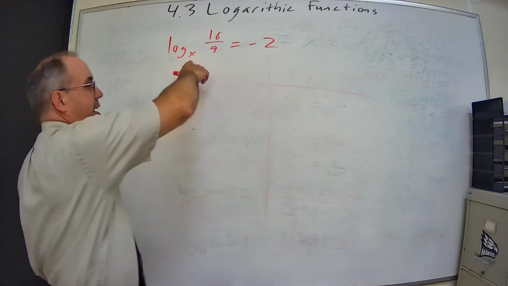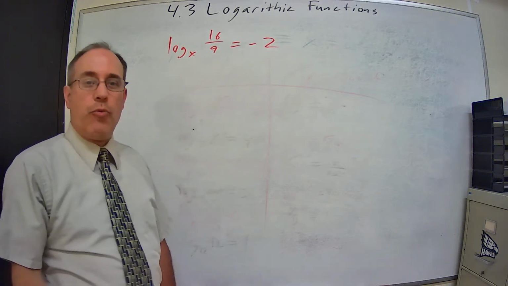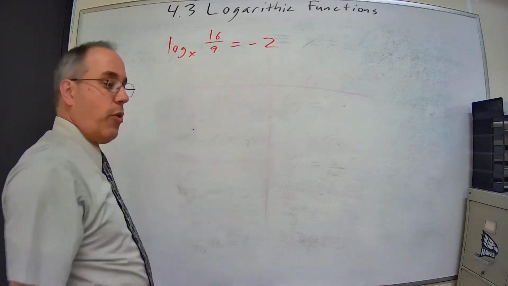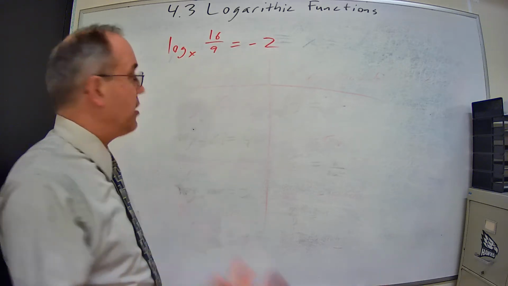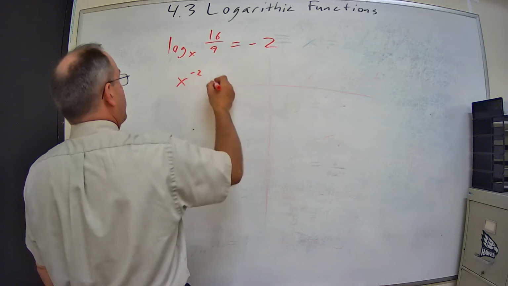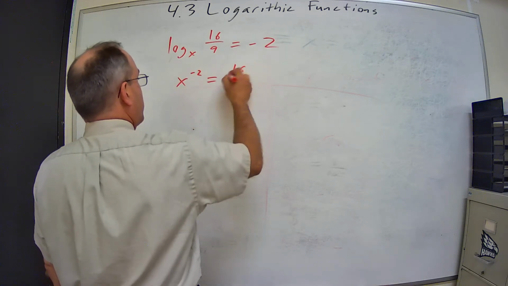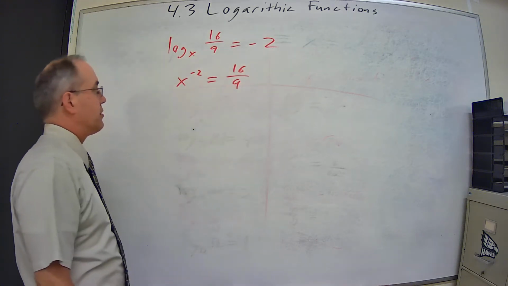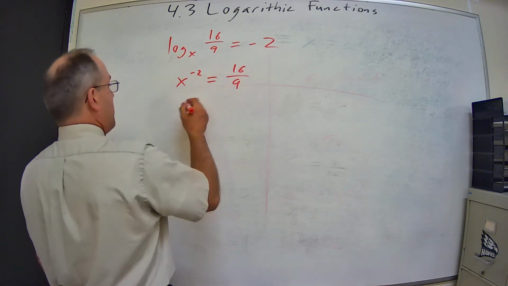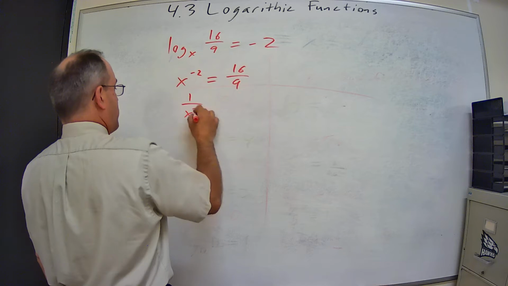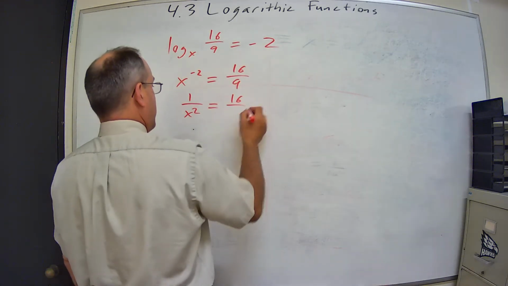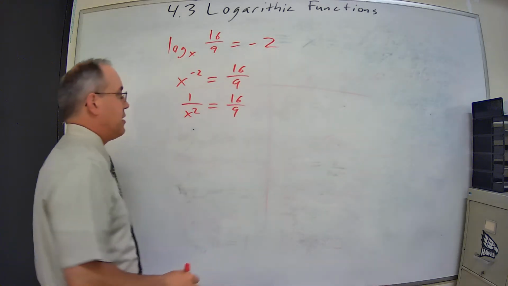Now, if we look at this, we're looking at x's in the base here. How are we going to solve for that base? Well, if we convert it to an exponential function, that's x to the -2 is equal to 16/9. So 1 over x squared is equal to 16/9.